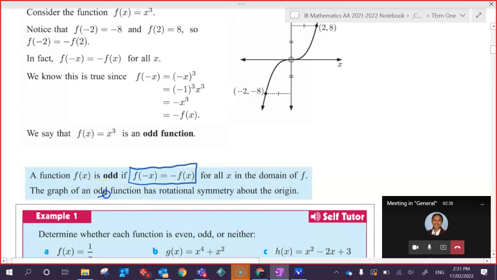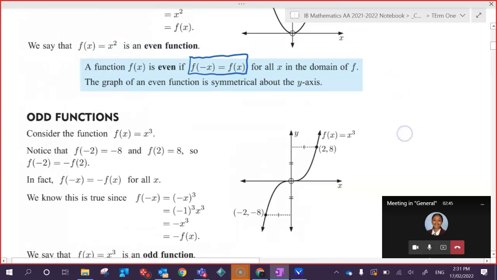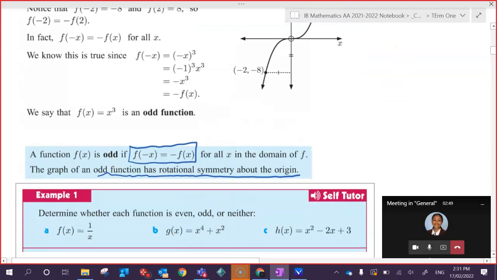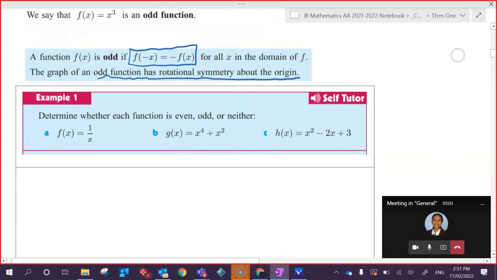An odd function has rotational symmetry about the origin. So rather than being reflective symmetry, symmetrical about the y-axis, an odd function, I can rotate it 180 degrees about the origin and it will have the same shape. That's all there is to them. Definitions of functions. Determine whether each function is even, odd, or neither. We're going to have a look at those examples right now.